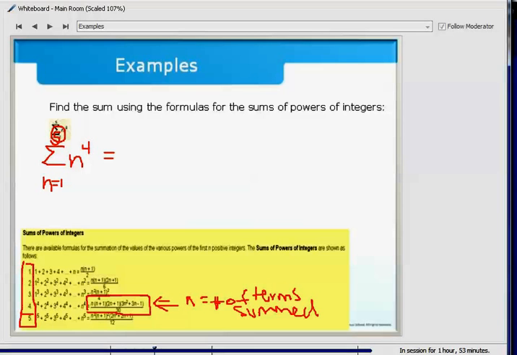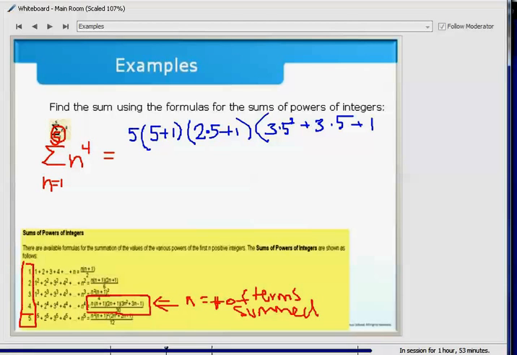So n times parentheses n, which is 5, plus 1, 2 times 5 plus 1, 3 times n squared plus 3 times 5, which is n, minus 1, and we're dividing by 30.